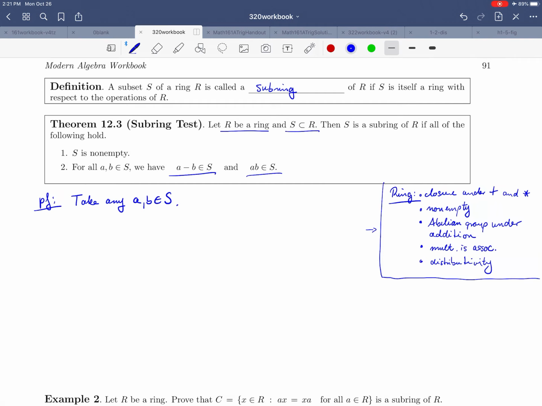And the one-step subgroup test says that if we have non-empty and we have that for A, B in our subgroup, A minus B is in our subgroup, then we're good to go. And we have all these things. So we know it's non-empty because it's given by 1. S is non-empty.